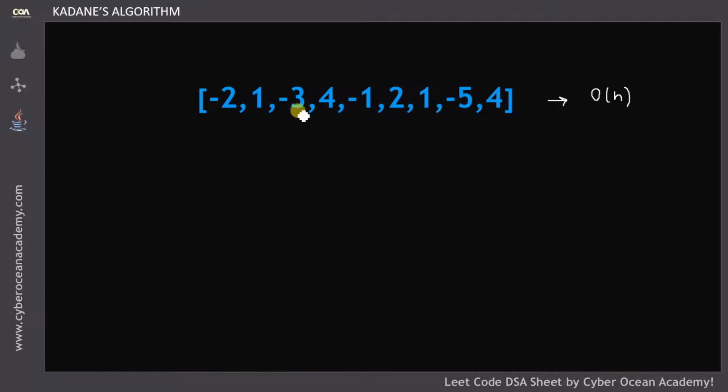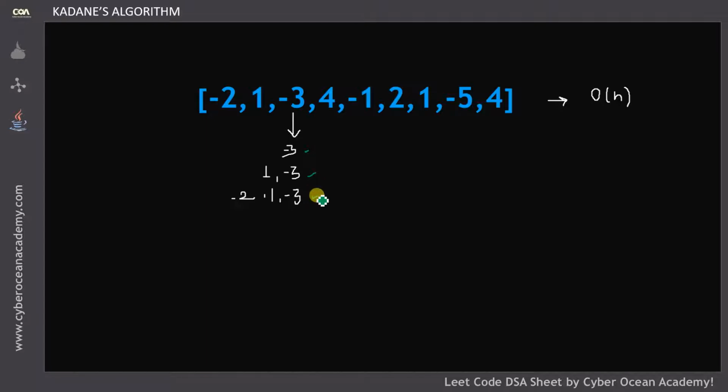Suppose you are at index number 2, and the value is -3. When you reach this index, what are the subarrays? It is either -3, or 1, -3, or -2, 1, -3.